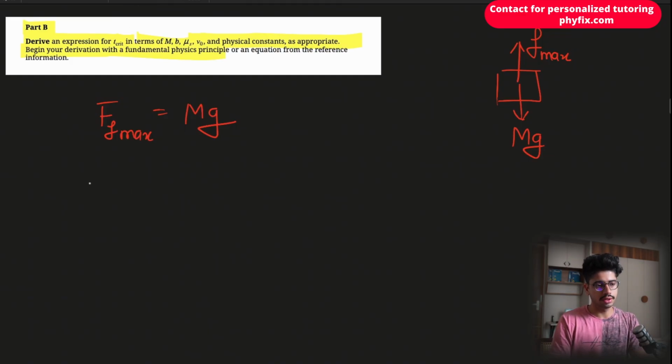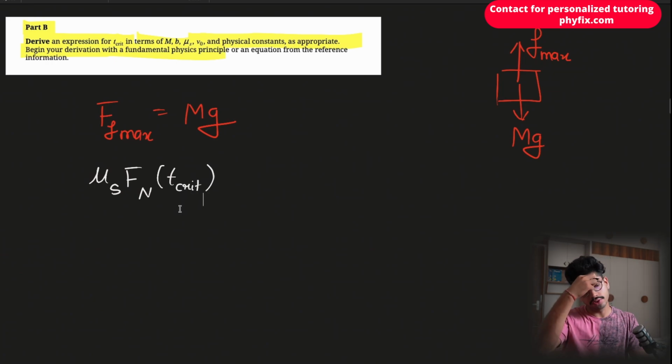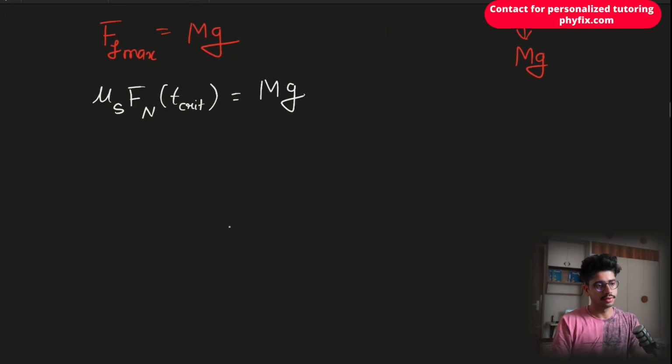The friction force is the static friction force times the normal force at the time when t is equal to critical, correct? When the time is critical, you already found the function of the normal force before. This is equal to mg.